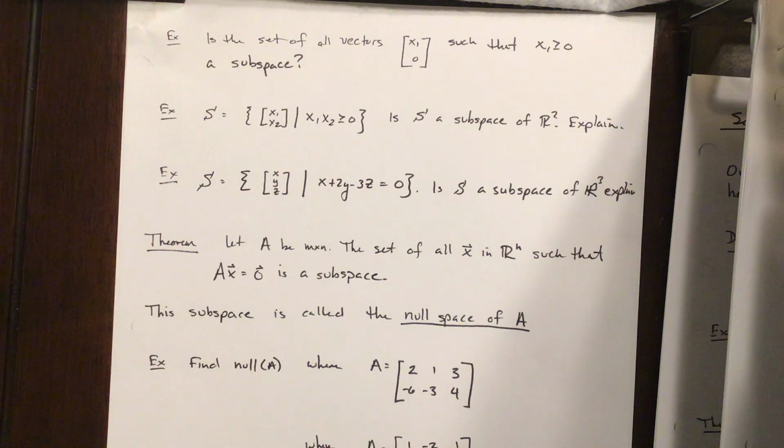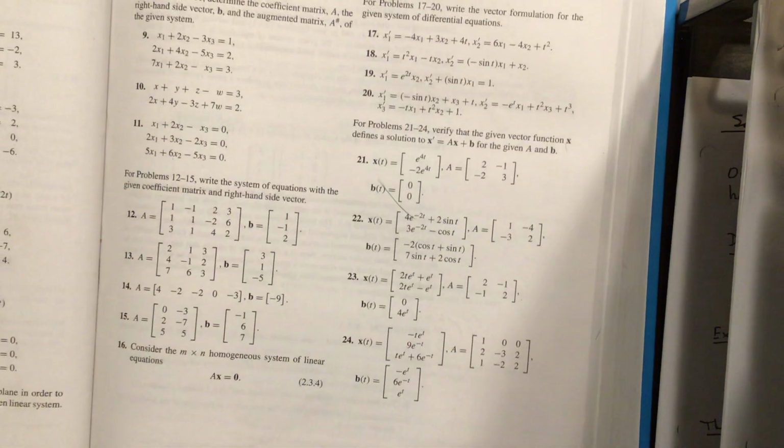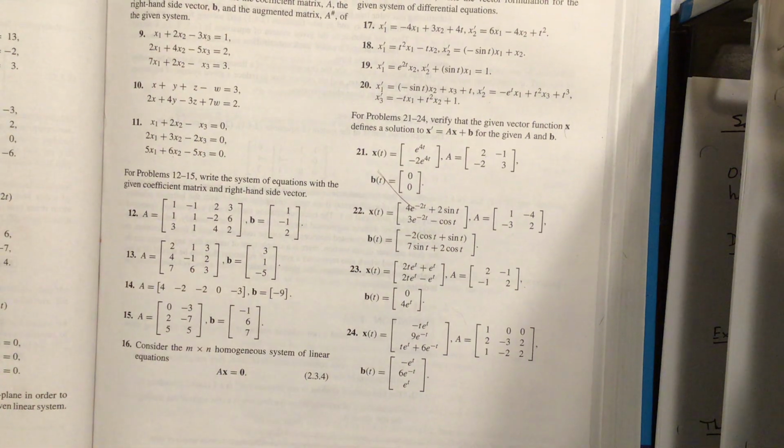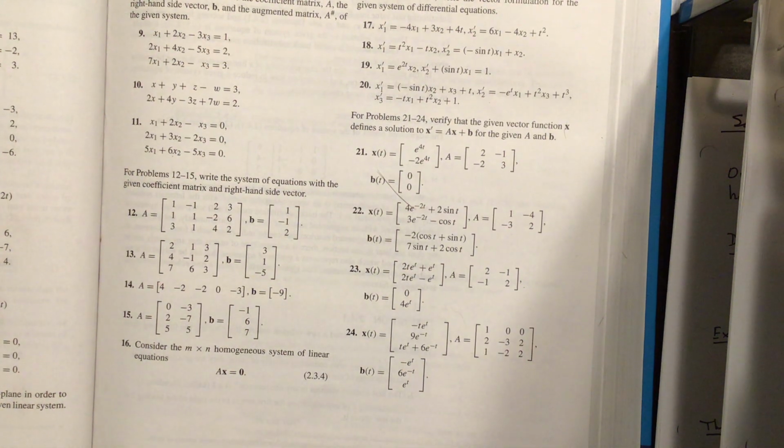Now, this is a hugely important result, and it's something that we can prove, that the null space is an actual subspace, and it's in fact something that we already have proved. If you remember back to, I brought out the textbook, number 16 in section 2.3, consider the m by n homogeneous system of linear equations, the set of all x's such that Ax equals 0.